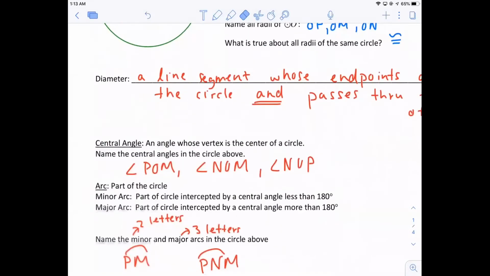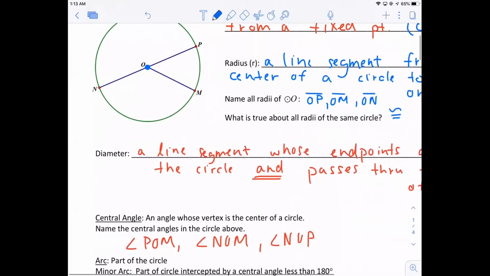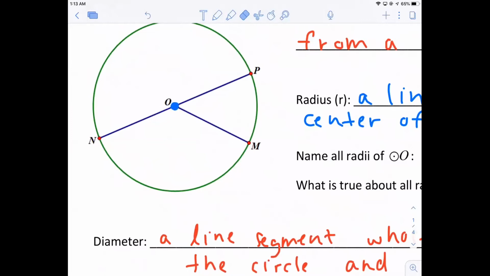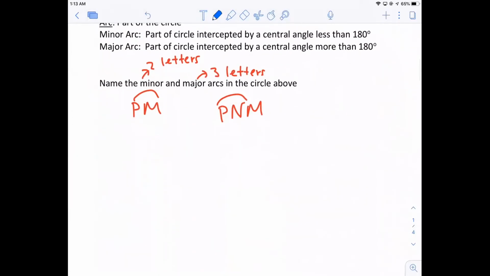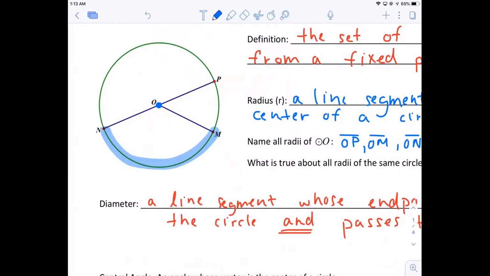All right, so let's name all of the minor and major arcs in the circle above. So we got PM, PNM, we got NM, that's a minor arc. Put the minor arcs on the left here. We want to name it the other way, right? These two arcs make a full circle.